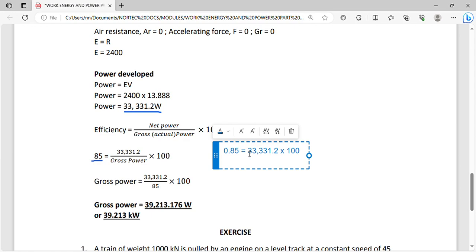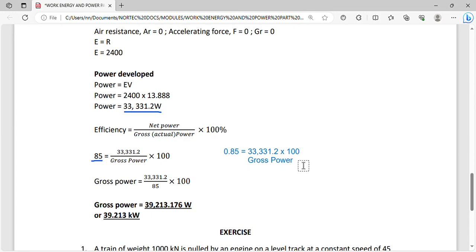So right there, gross power or actual power. So here, if I have to make something the subject, it is gross power, and I will end up like this. It will be my gross power is equal to, what will happen if I make gross power the subject of the formula for this one?